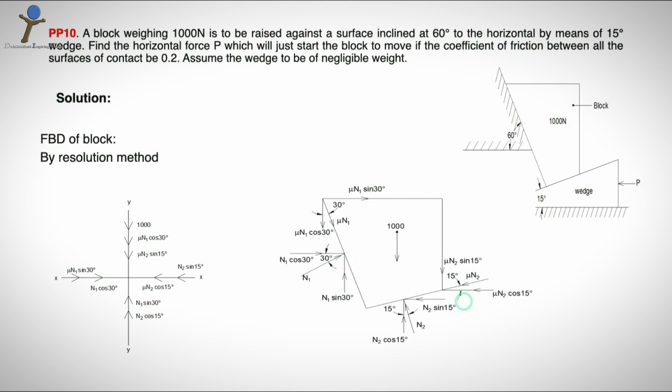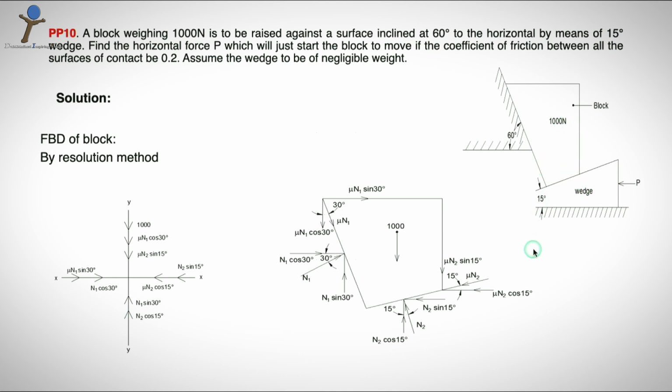That means to raise a block of 1000 newtons in the upward direction through the wedge, you need a force of 595 newtons. So with less effort, you are doing more work.